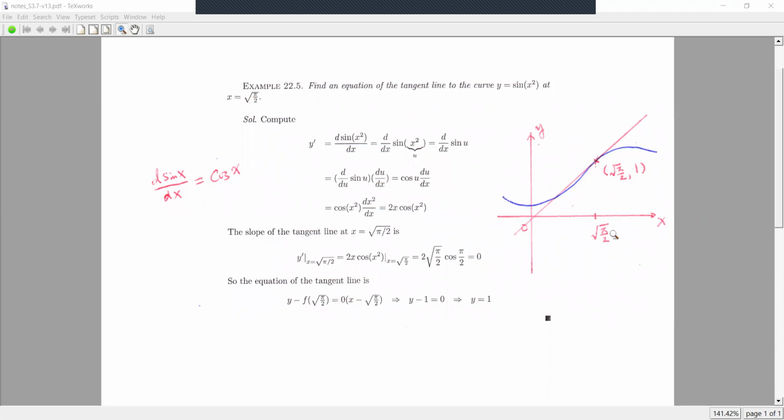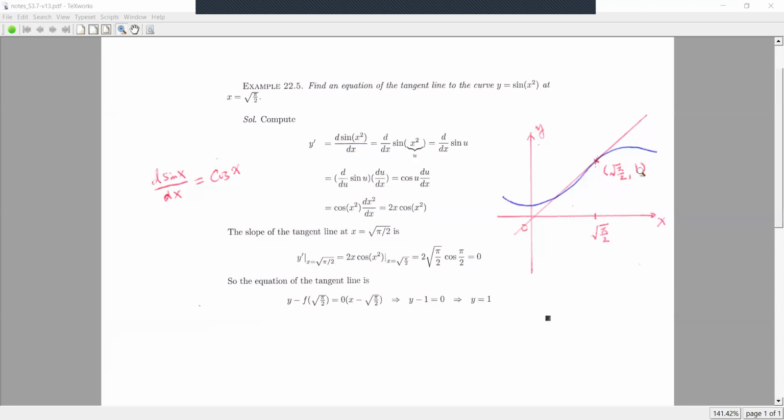Suppose this point is here and the corresponding point on the graph is this point. This point's x coordinate is square root of pi over 2. Y coordinate is the function value at the x coordinate. Plug in this number in x, then the y value is 1.